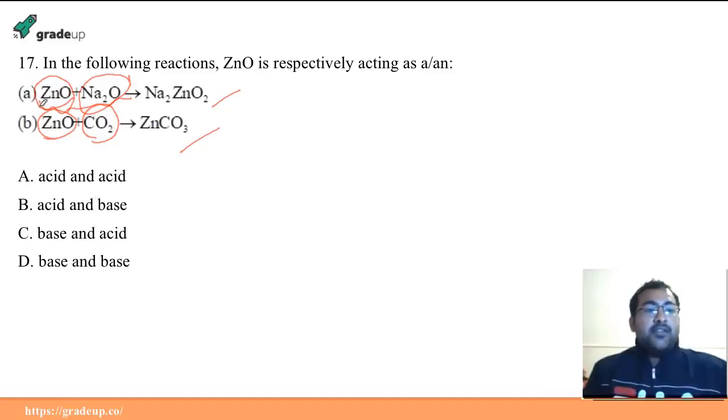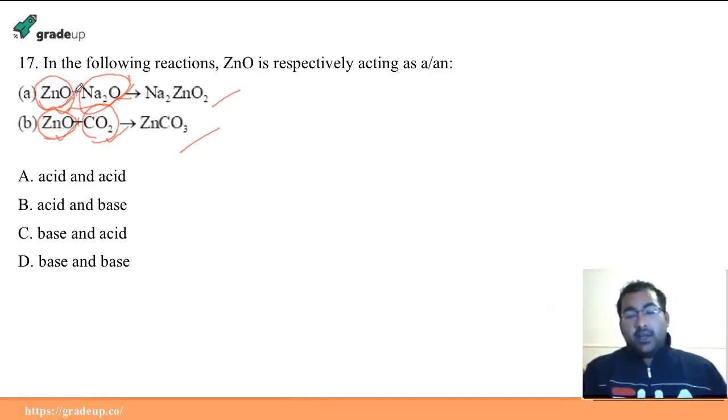Obviously the sodium oxide will act as a base and carbon dioxide acts as an acid, this you know. So ZnO acts like an acid here and like a base here.